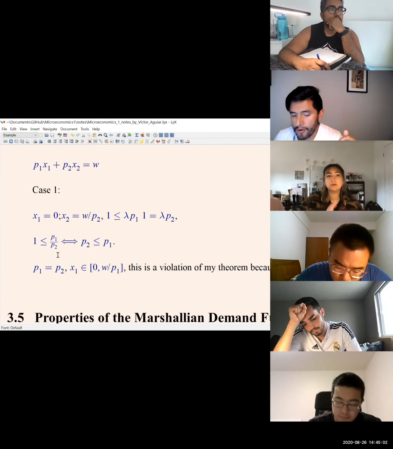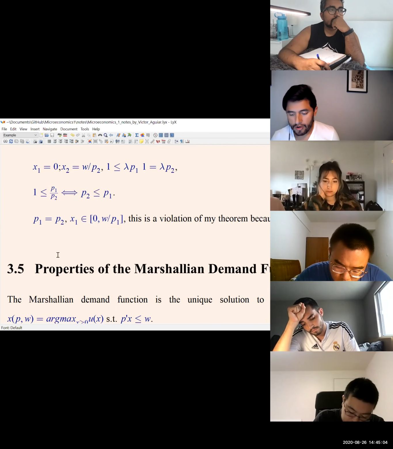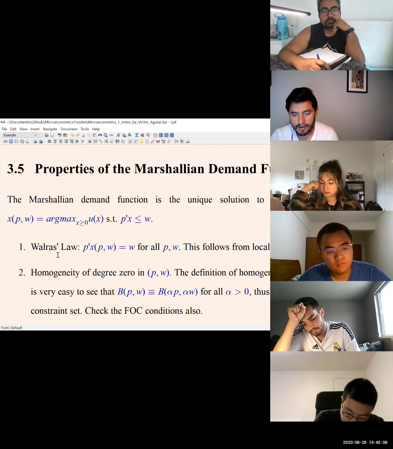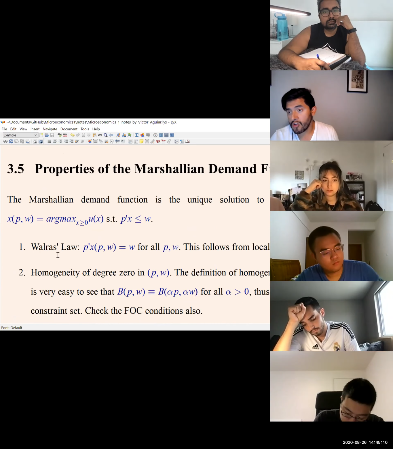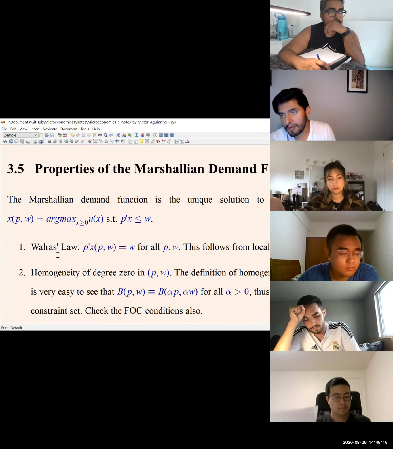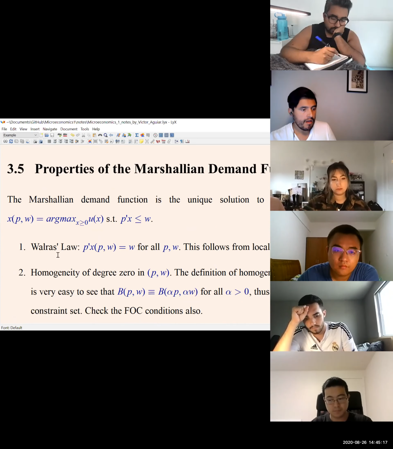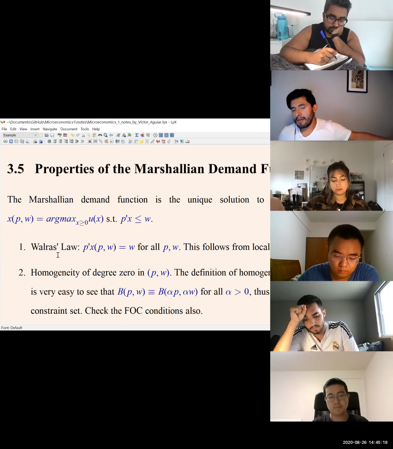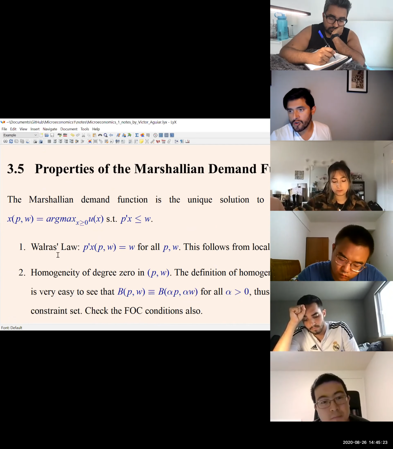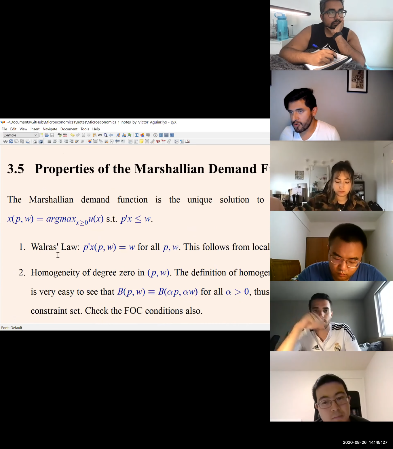Good. Now I'm going to keep going, and the final part is going to be properties of the demand function, and here we're going to talk about our properties: homogeneity of degree 0 and the weak axiom of revealed preference. Okay. So homogeneity of degree 0, no money illusion. Who remembers that condition? No money illusion. From chapter 2, you already know it.